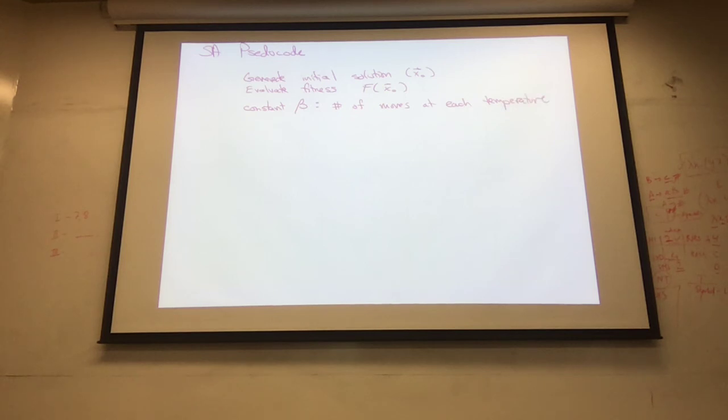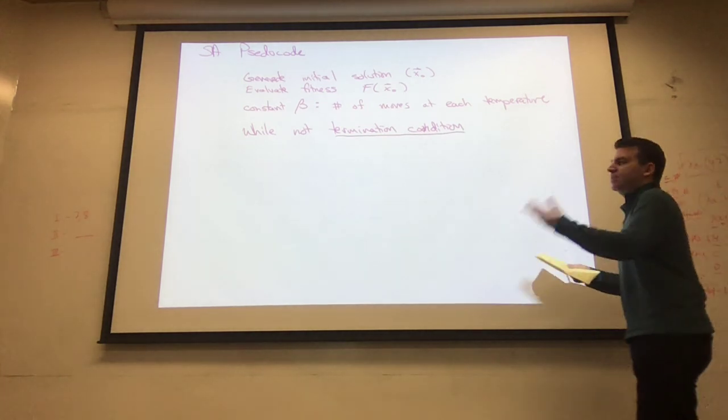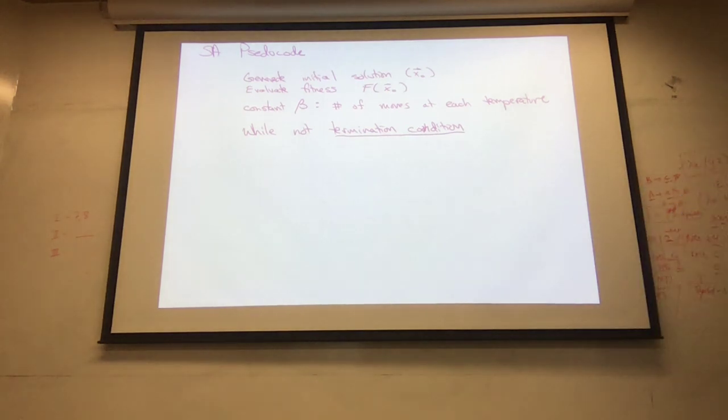And so, while not termination condition, whatever termination condition you like, you could do this based on convergence criteria. You can do it just based on number of function evaluations, whatever you like. Then it's pretty simple. For j equal to 1 to this beta parameter, generate new solution.